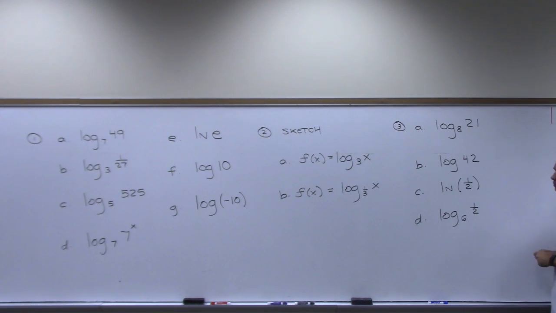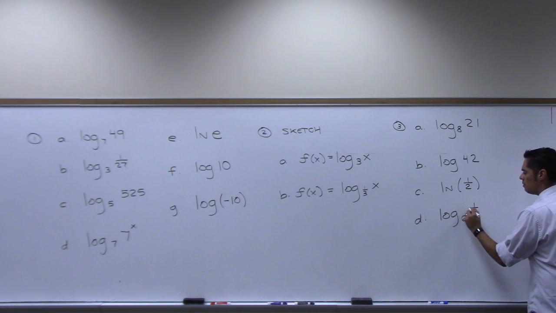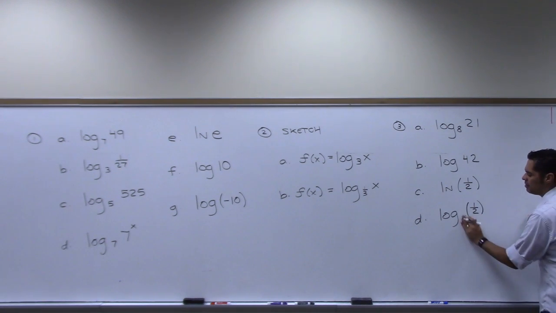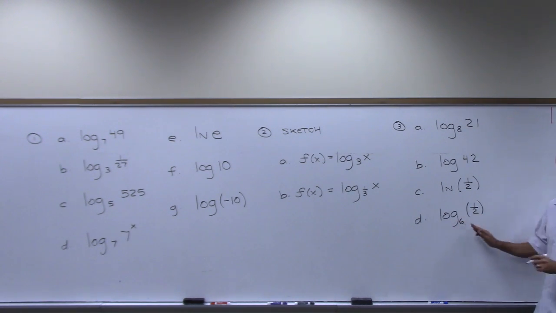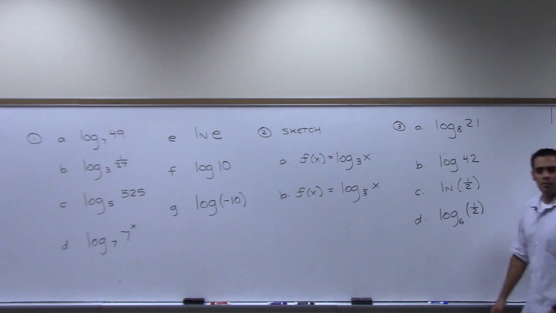Is that 1/2 powering the 6 or just 1/2? It's this is the base. It's down here. It just lets you know what the base is. This is the x being plugged in. Everyone understand?